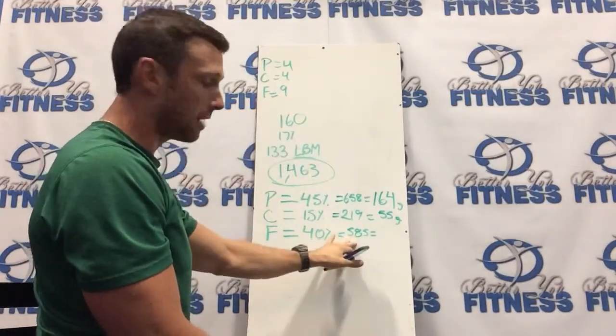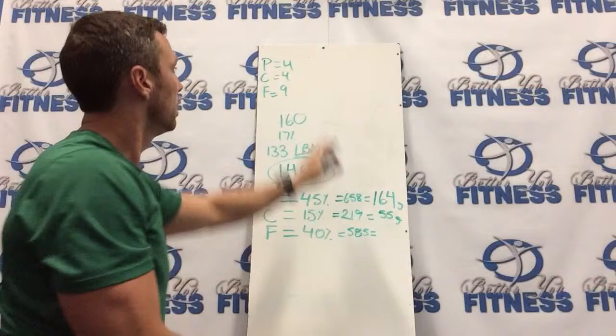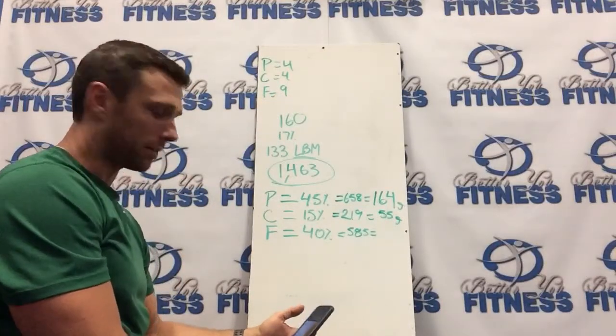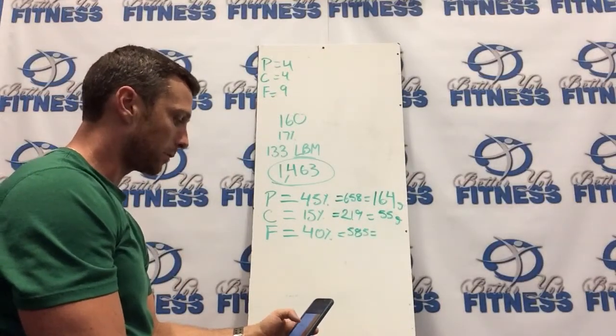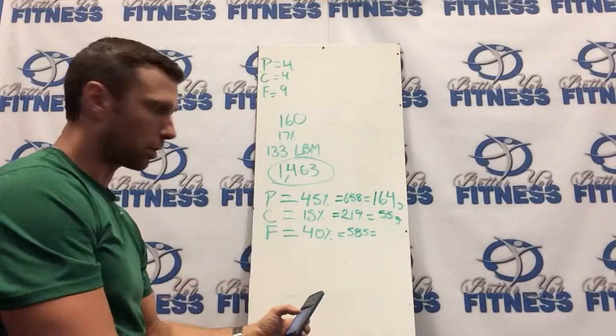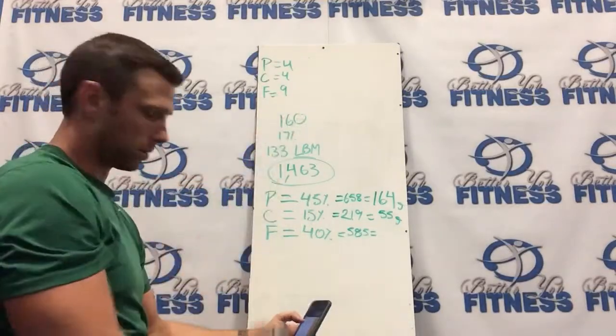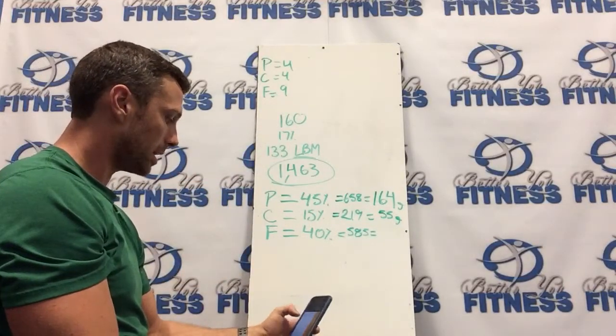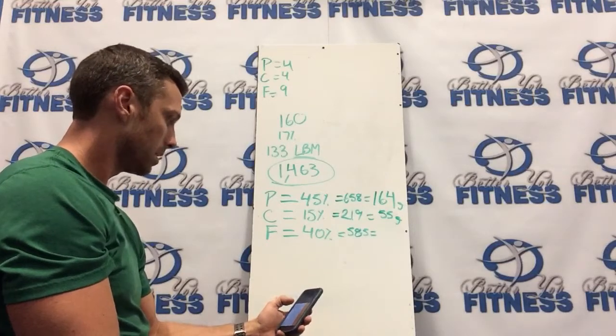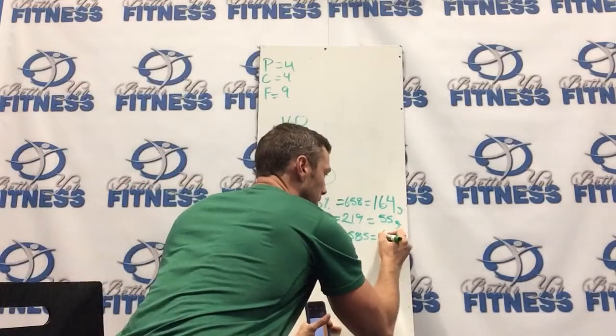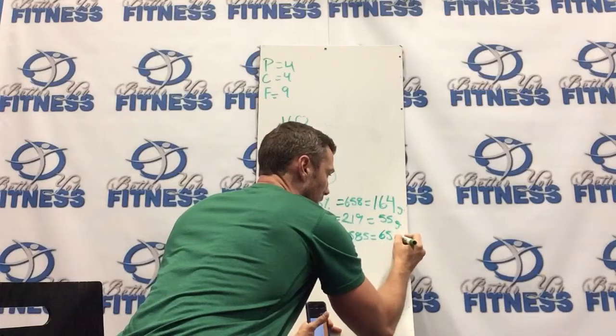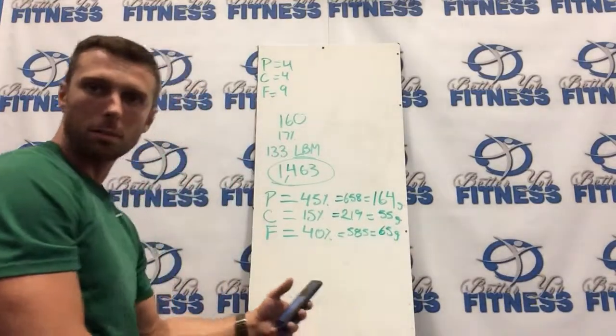So that's where people have a tendency to mess up: they divide it by 4 again and get a really squirrely number, or they divide one of the other ones by 9. So 585 divided by 9 for this individual comes to about 65 grams.